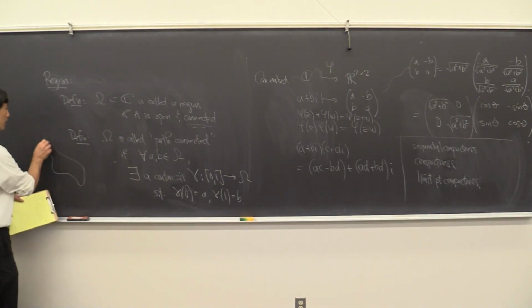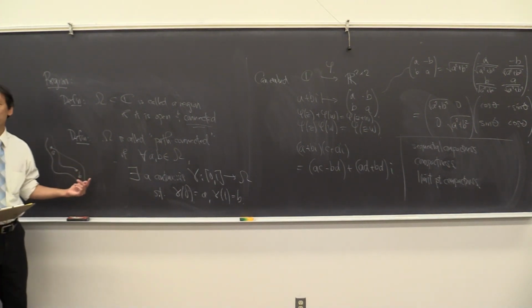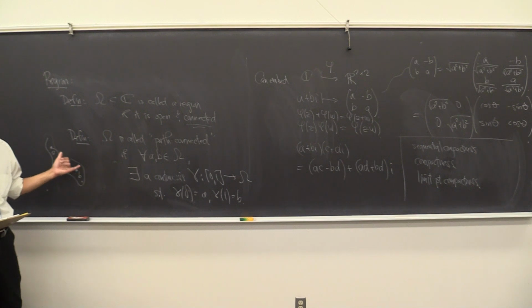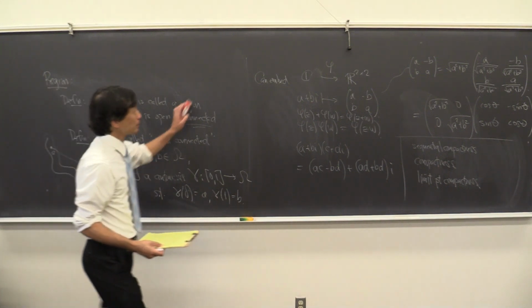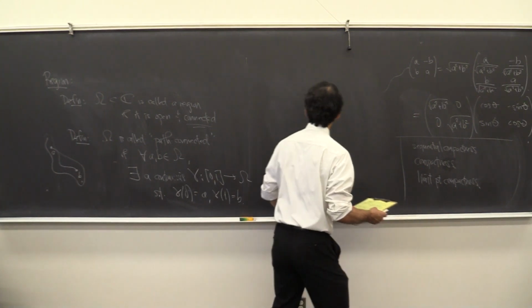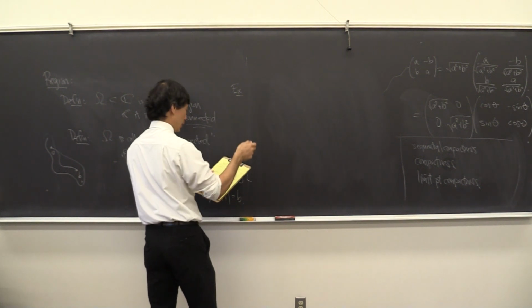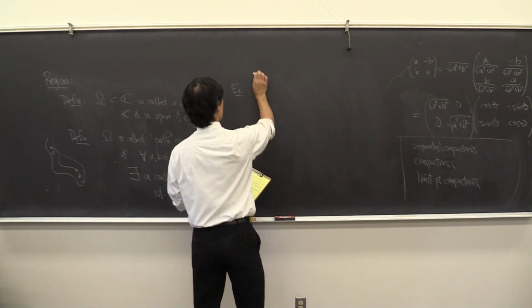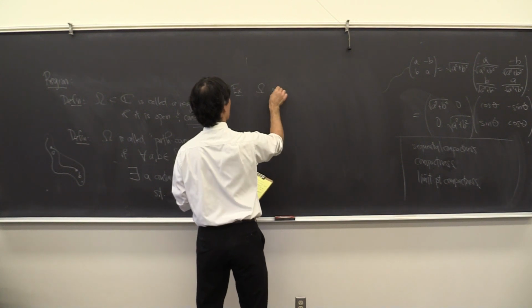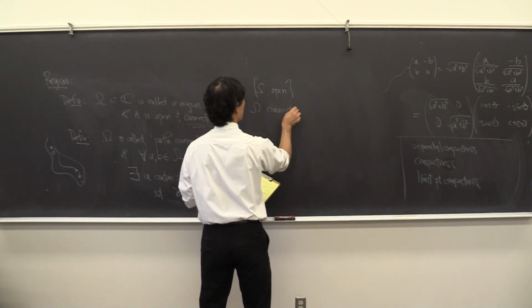No matter what pair of points you choose, you're always able to find a continuous curve that starts at one point and ends at the other. So every pair of points can be connected via a path. I think this is one of the homework exercises: if your set is open, then being connected is equivalent to being path connected.